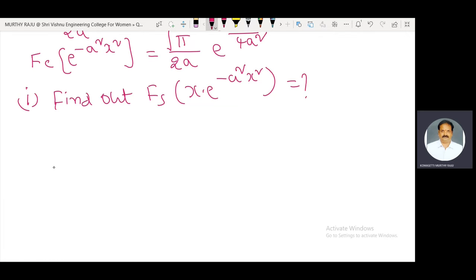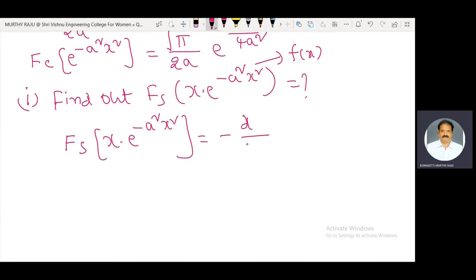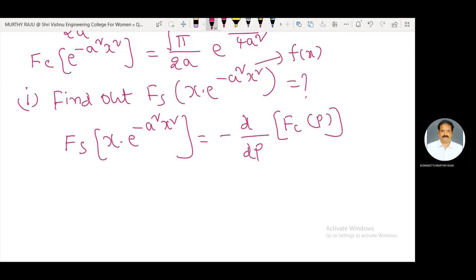One important formula here is Fourier sine transform of x multiplied with the function: x e power minus a square x square. This is the actual function f of x multiplied with x. In that case, we use the differentiation property, d by dp of Fc of p.